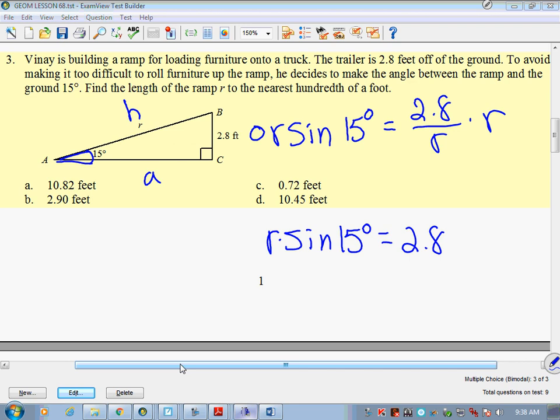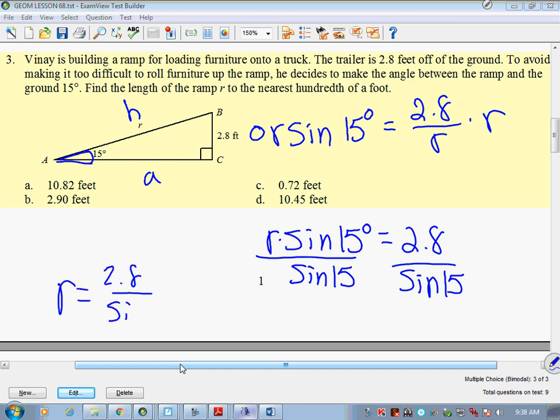Sine 15 is all one thing. What do I need to do with sine 15 to solve for r? Divide by it, on both sides. This is probably the most difficult type of question that you will do in today's homework. r equals 2.8 over sine 15.